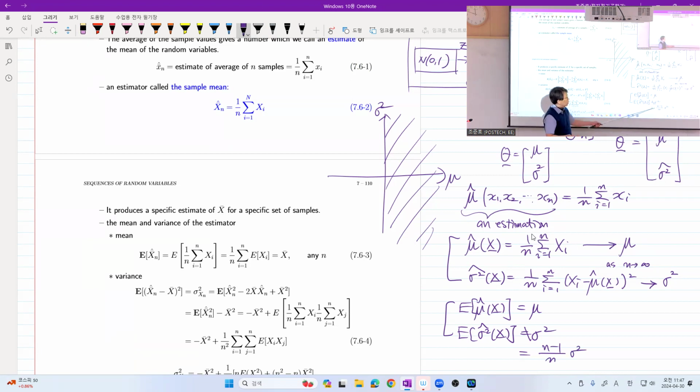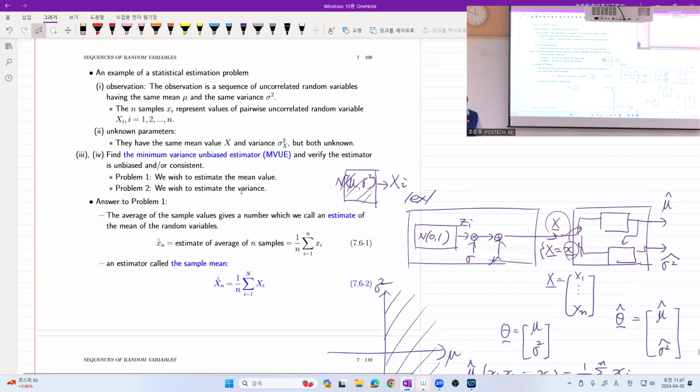But precisely speaking, this estimator does not have nice property. So if you choose some point, and if you have some finite number of samples, then its expected value is not the same as sigma squared. Of course, it converges.